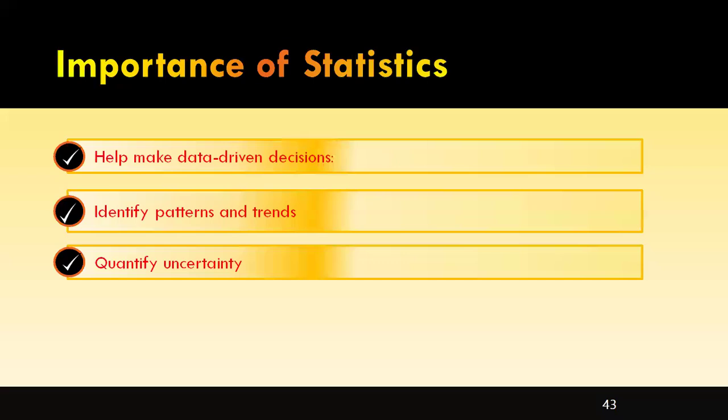So with this you can understand: help make data-driven decisions, identify patterns and trends, quantify uncertainty. What do you mean by uncertainty? We do not know whether it is going to rain tomorrow or not. Or you do not know whether you are going to get married within 2 months or 3 months.